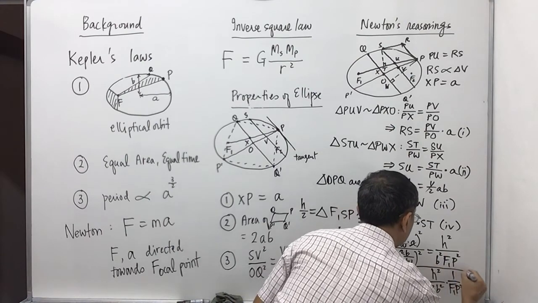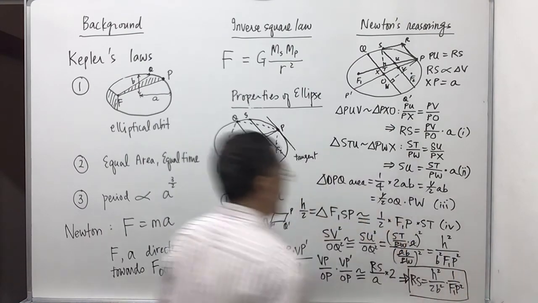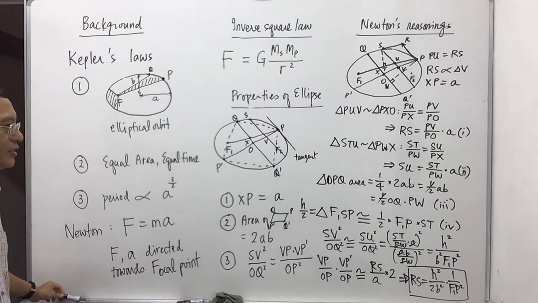This is Newton's inverse square law of gravitation. We have finally got it. And I hope you really appreciate the effort, the genius of Newton in his discovery of his inverse square law. Thank you.